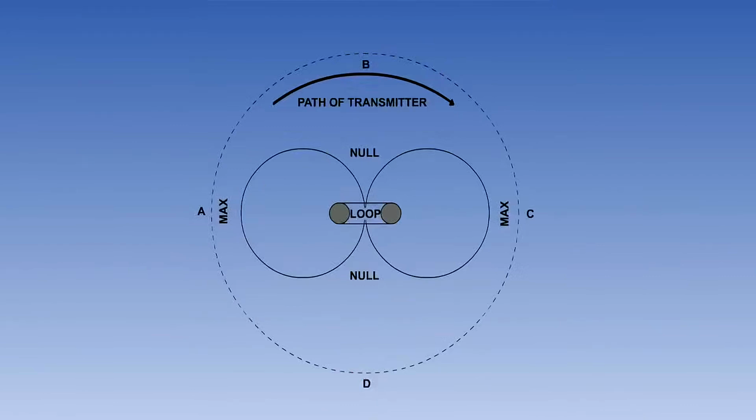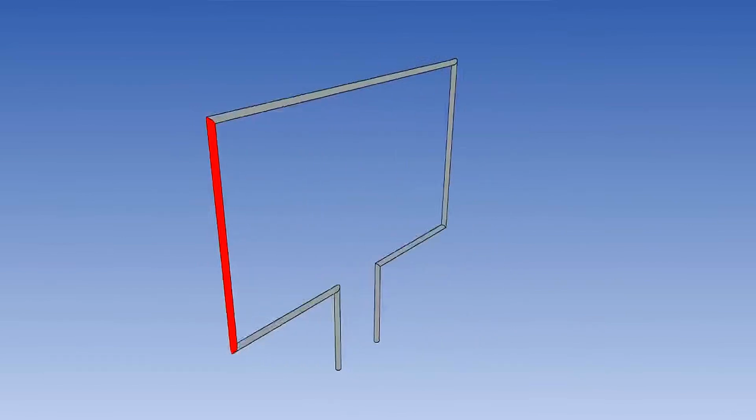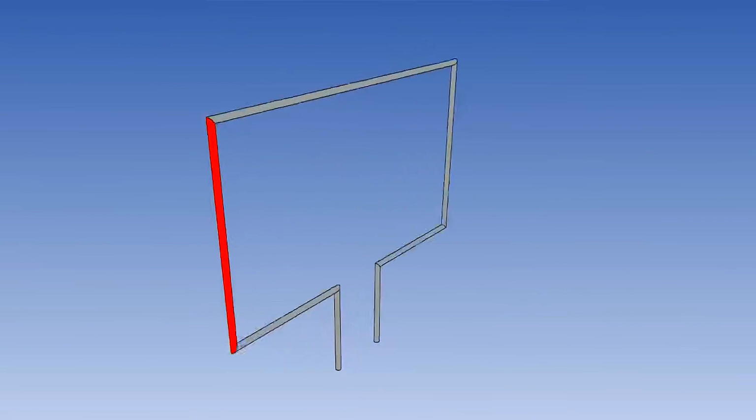A figure of 8 polar diagram of signal strength can be plotted as the antenna is turned, or the transmitter moves around the antenna. How is this figure of 8 pattern constructed? In one complete revolution of the loop antenna, each vertical element will turn through 360 degrees.